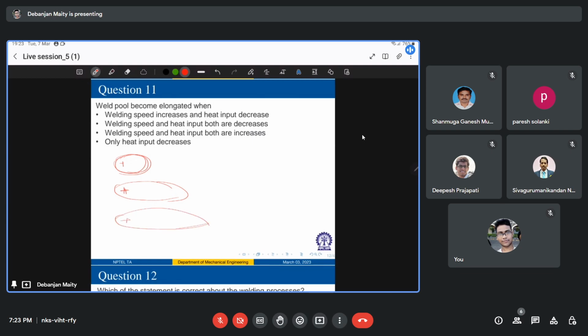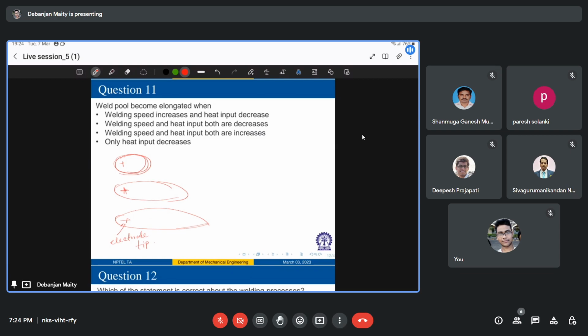What are these plus points? These are electrode tip. Okay. So in each pool, this plus indicates the position of the electrode tip relative to the pool.